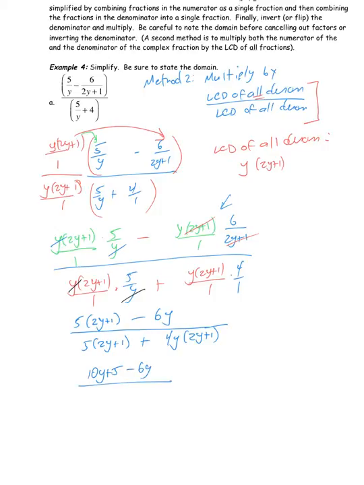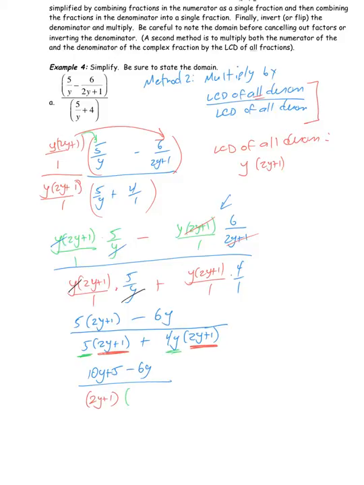The denominator, I'm actually going to factor to see if maybe I can get a term to cancel out. And if you look here, both of these terms have a common factor of 2y plus 1. So this is like when we factor by grouping. So we actually have 2y plus 1, and when we factor that out, we're going to be left with 5 from the first term and 4y from the second term.